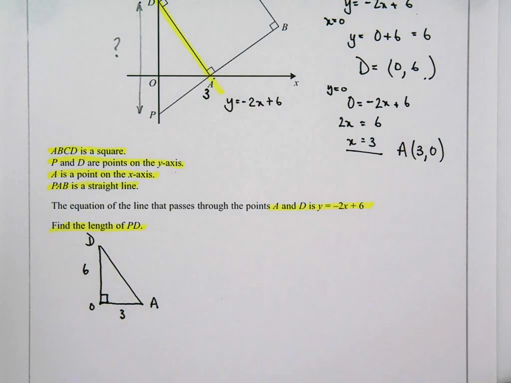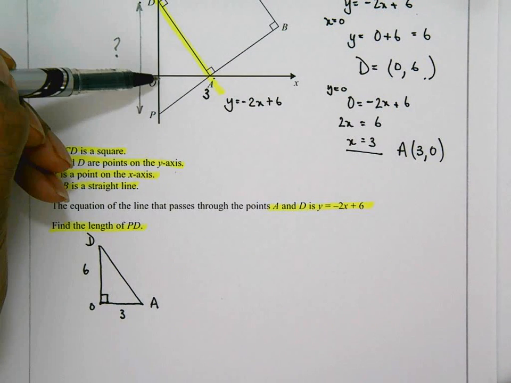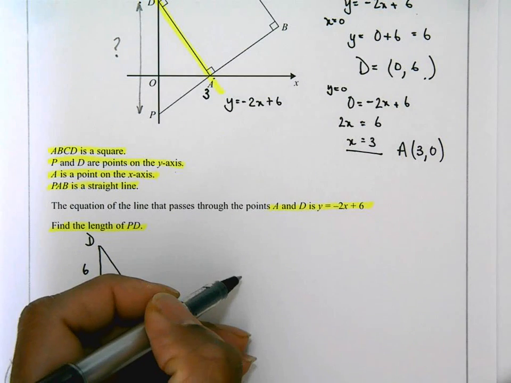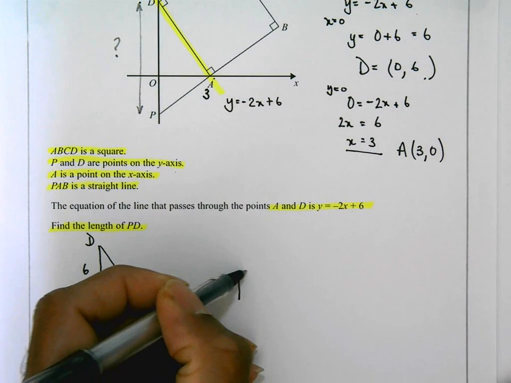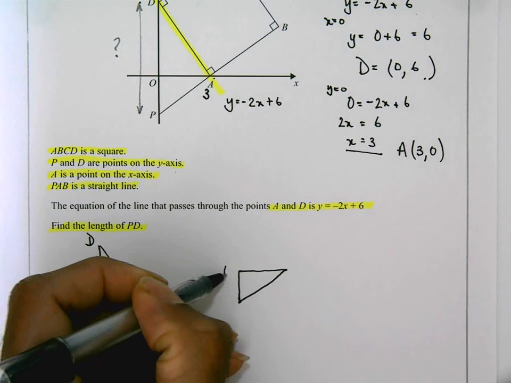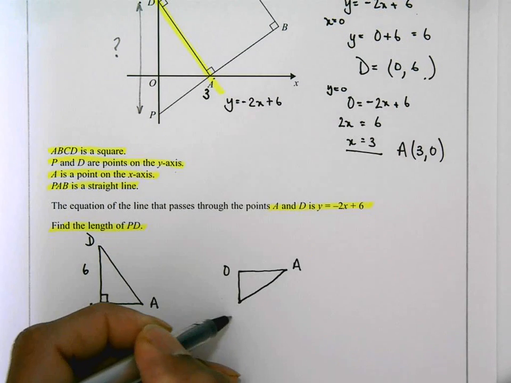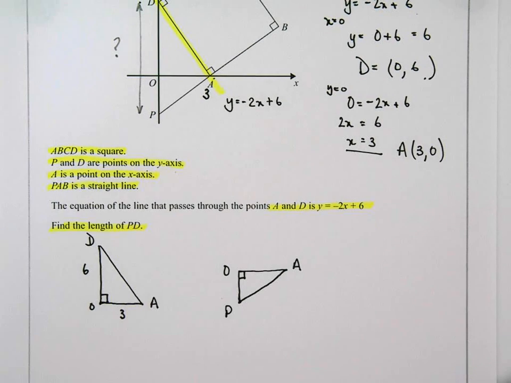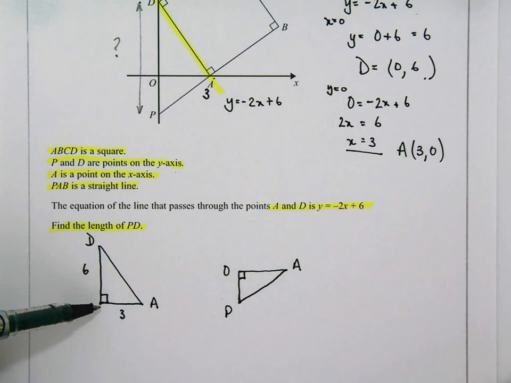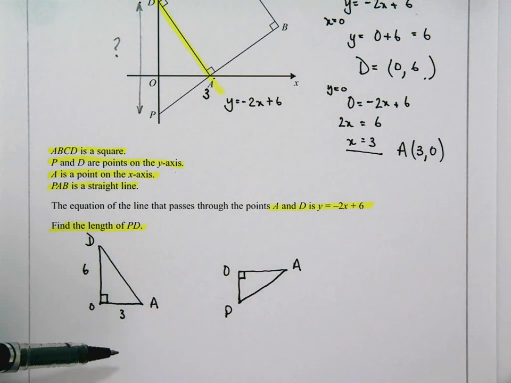And this triangle at the bottom, OAP, is another right angle triangle. But this triangle is actually similar to triangle ODA. They are similar triangles. And this distance here is 3.